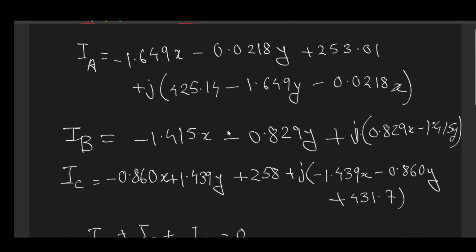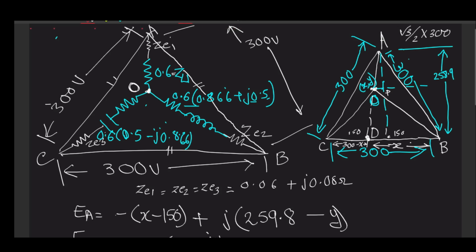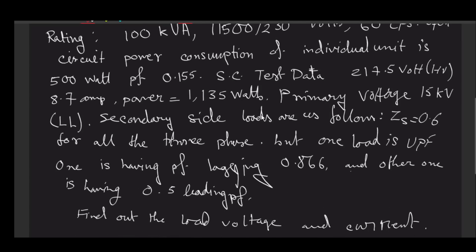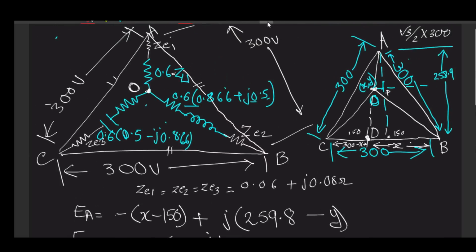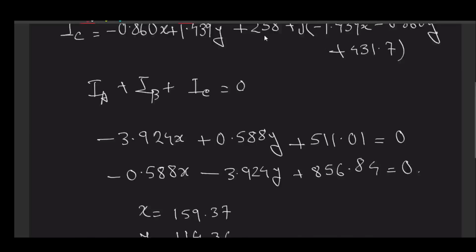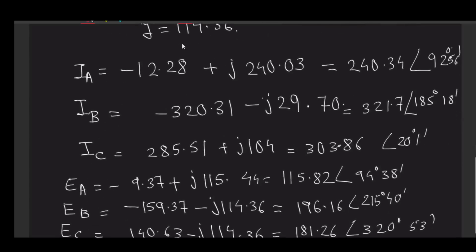So one thing you must have noticed is that when we started, it is a problem of the star transformer. So this is a problem with the star transformer, that phase voltage can often change from its normal value to some different value.